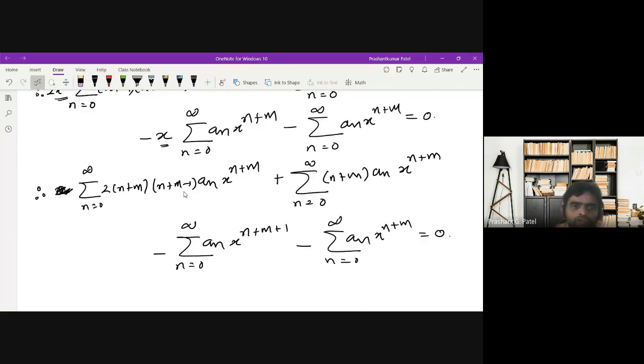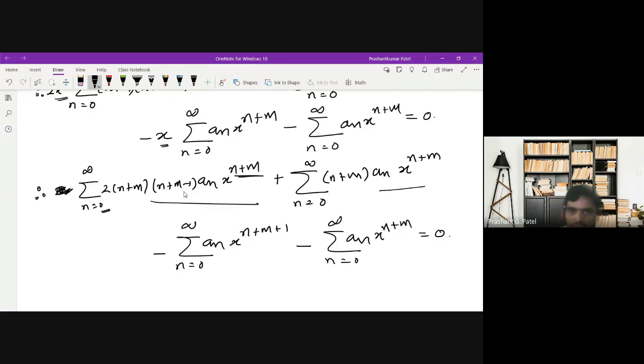Now, once you got this step, you have to calculate what will be the lowest degree term in it. So you can observe very well that lowest degree term is m plus n, because when I substitute n equal to 0 into the first summation, we'll have m plus 1.